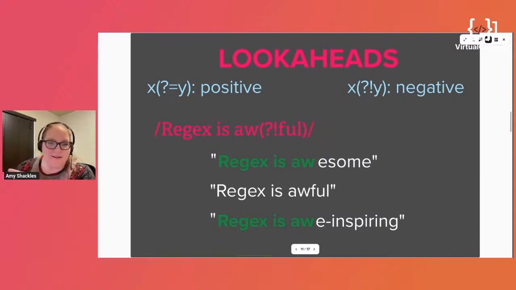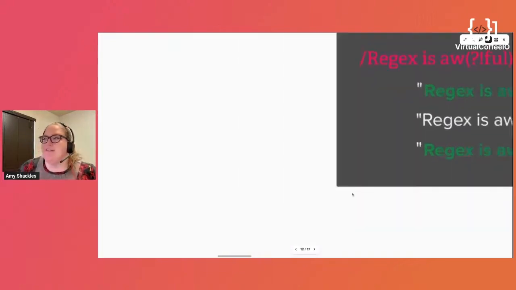In the case of a negative look-ahead, you're matching the pattern only if the next part does not include the look-ahead. So in the case of regex is aw, negative look-ahead ful, you will match regex is aw in regex is awesome, regex is aw in regex is awe-inspiring, but not regex is awful.